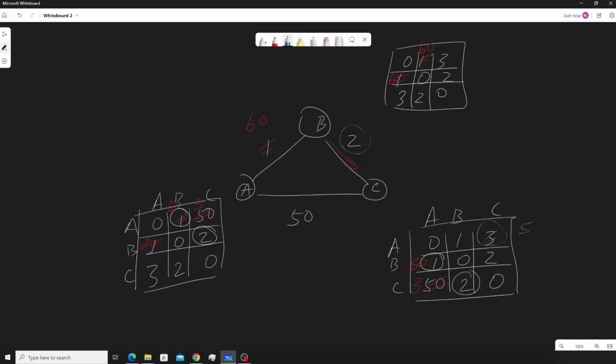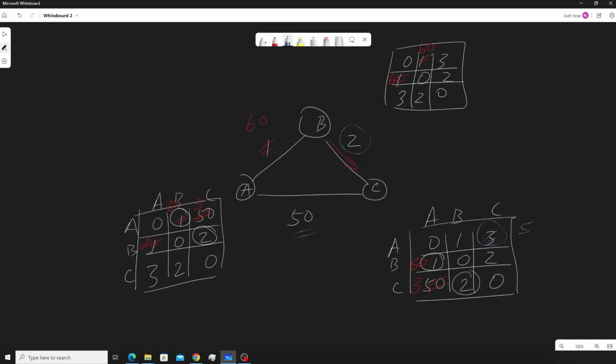It'll advertise 5, then B will add 2 to that and advertise 7, and then C will advertise 9, and we'll essentially climb back and forth until eventually it hits close to 50, in which case there's a cheaper path. This is a very famous problem called the count to infinity problem.